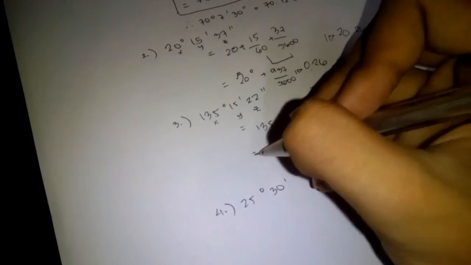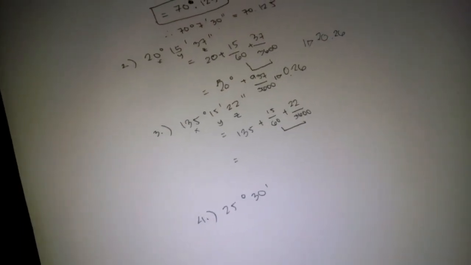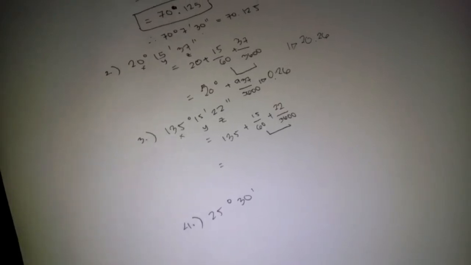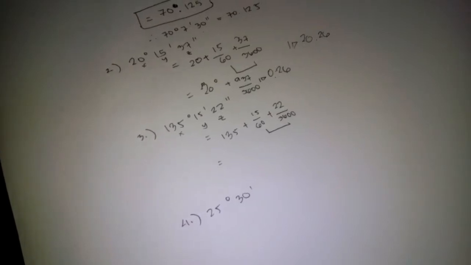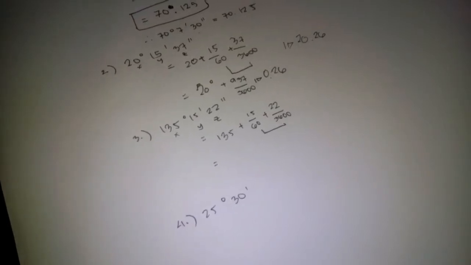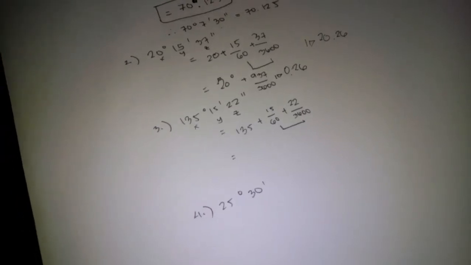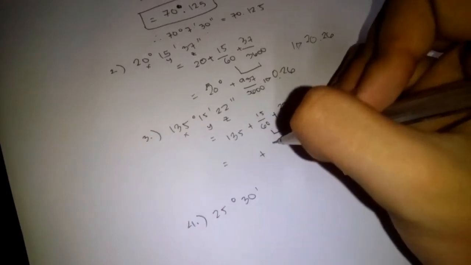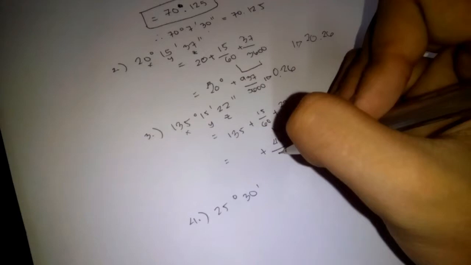So add the two fractions. Do the math: 15 over 60 plus 22 over 3,600 is equal to 461 over 1,800.